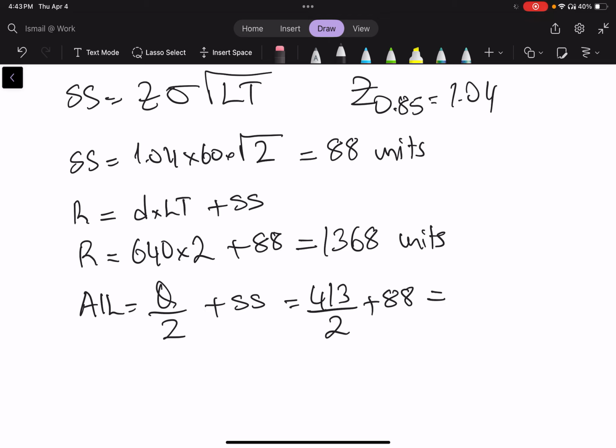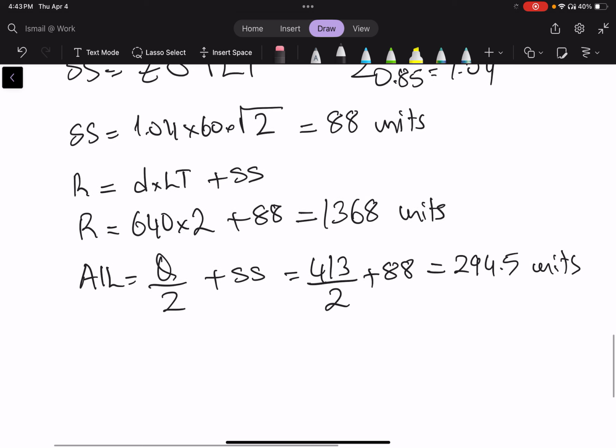Okay, and that is, if I do the math correctly, 294.5 units. So on average, I have 294.5 units at one of the warehouses, right?